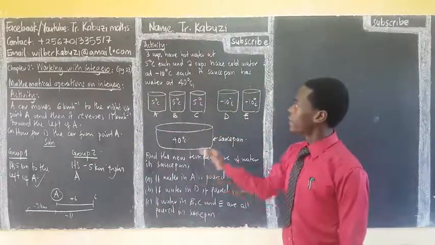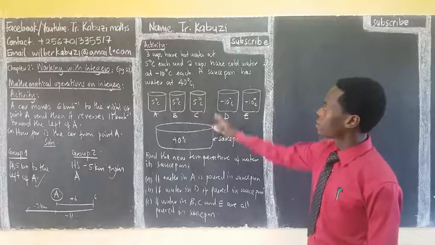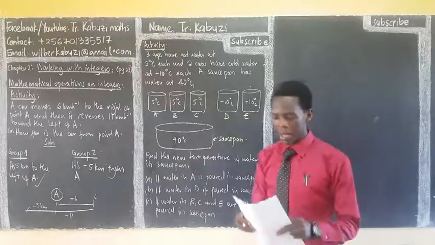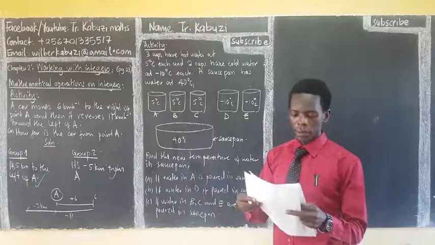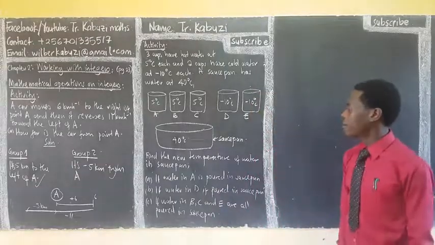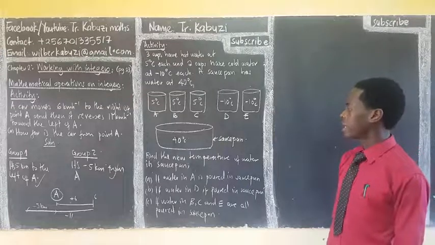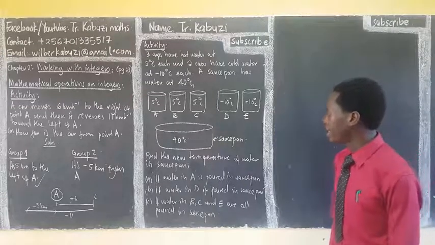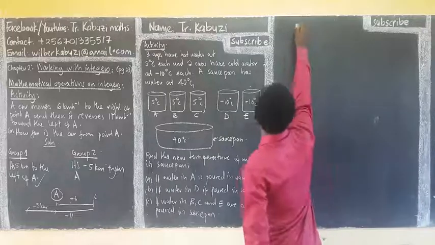So let's go to activity 2, the 3 taps, as we saw the question is there. Okay, let me use group 3's work. Find the new temperature of water in a saucepan if water in A is poured in the saucepan.